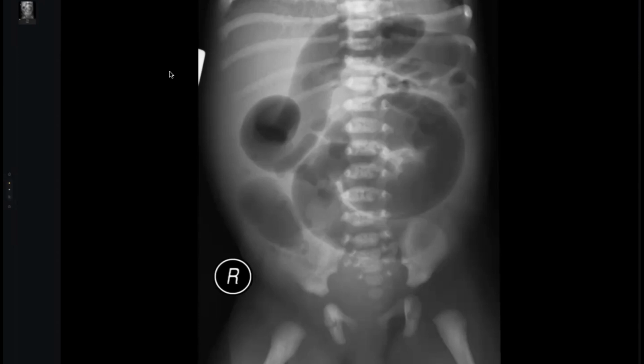Could you tell me the differential list again, because your voice was interrupted. Yes, I'm thinking about anal atresia. It could be due to anal atresia. Second, it could be due to Hirschsprung disease. It could be due to meconium plug syndrome and microcolon syndrome. Another differential diagnosis could be meconium peritonitis. What is your next step, doctor?